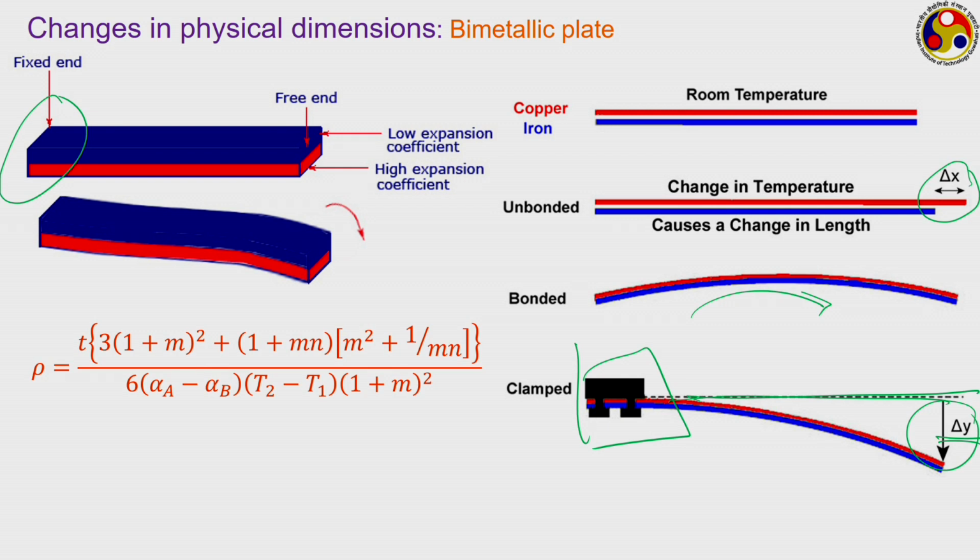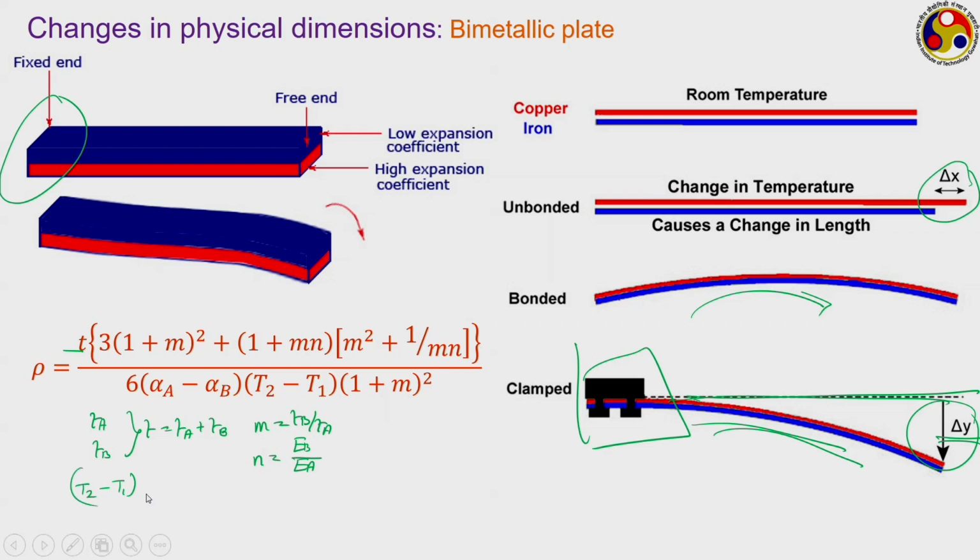Quite often the radius of curvature after the bend, I am talking about this particular curvature, is given by a relation like this. Here Ta is the thickness of bar A, Tb is the thickness of bar B, T is the total thickness, that is Ta plus Tb, and m is the ratio of the two, that is Tb upon Ta, and n is the ratio of the corresponding Young's moduli, Eb upon Ea.